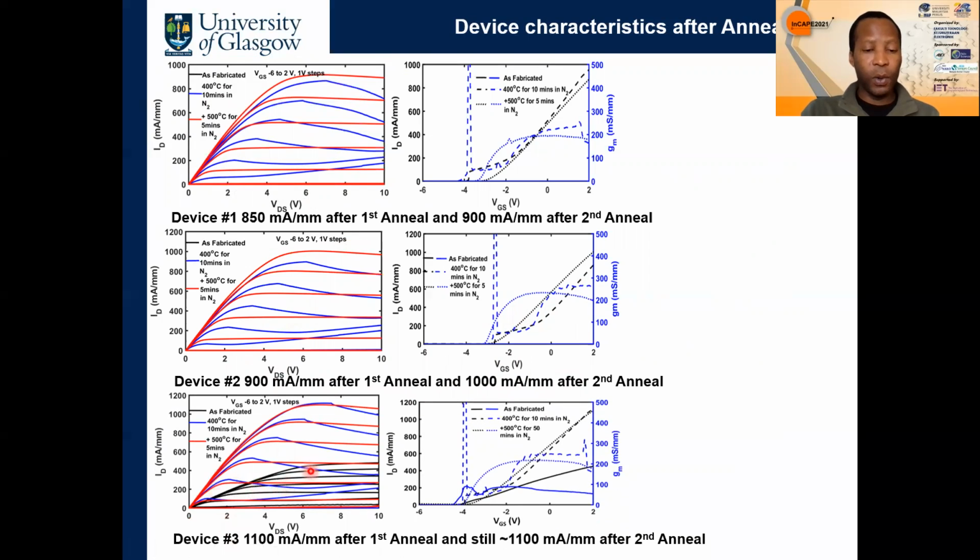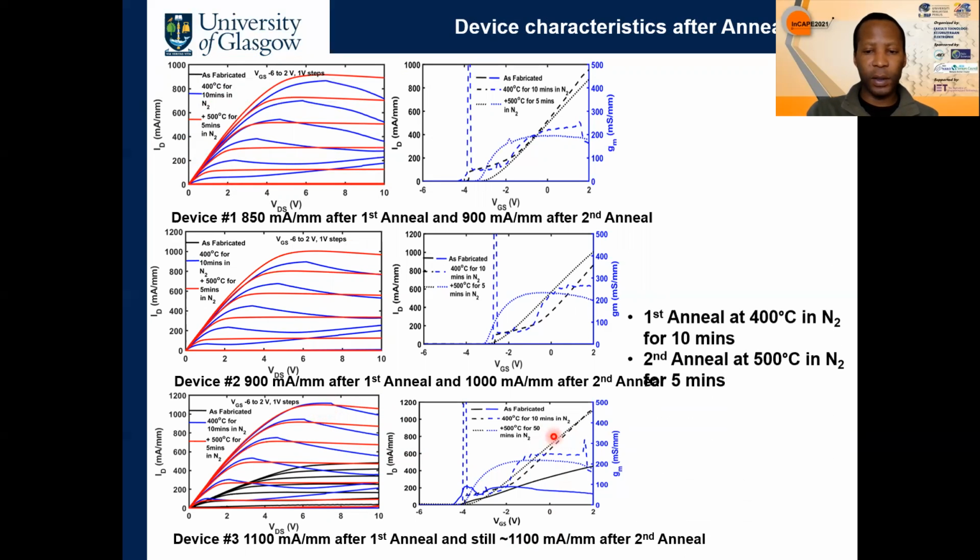Device number 3 also showed an increase in drain current after the first anneal step, from 450 milliamperes per millimeter to 1100 milliamperes per millimeter. This remained the same after the second anneal step, but with better self-heating behavior and stable transfer characteristics.